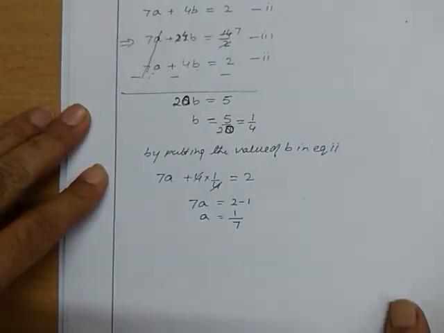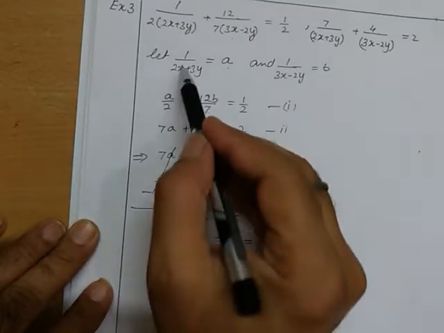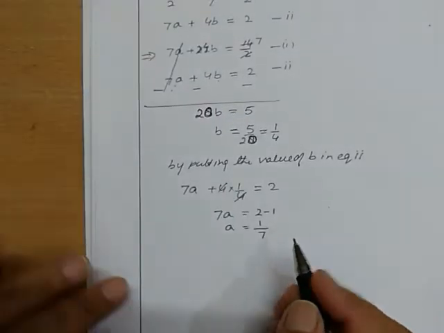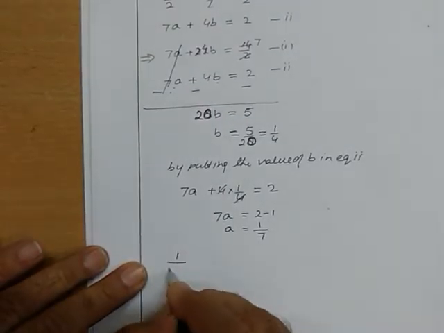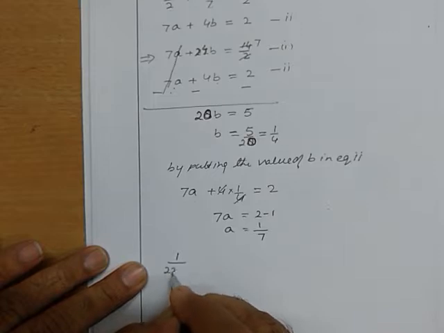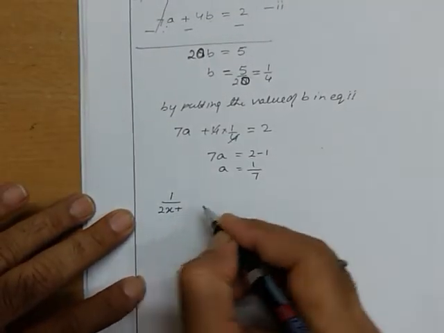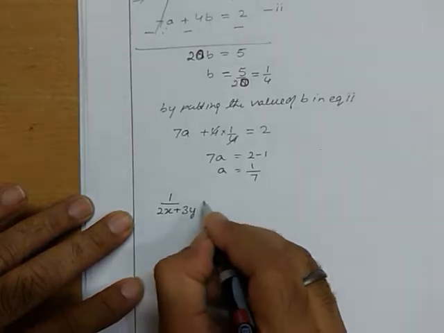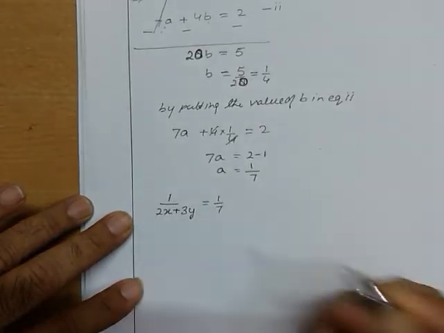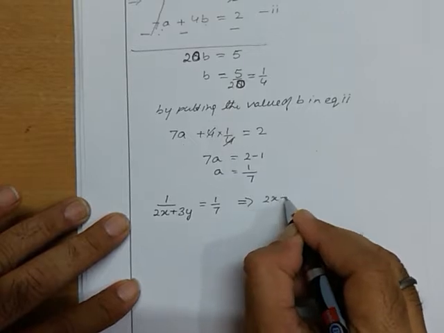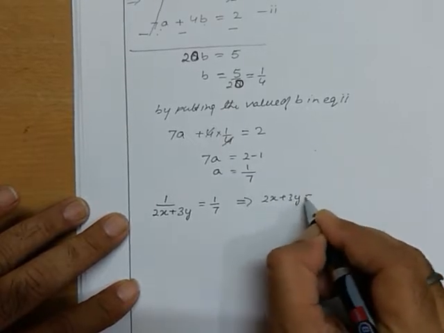Now we are placing the value of what we have assumed. We will place the values of a and b. So this will be 1 upon 2x plus 3y is equal to 1 upon 7. Further, we cross multiply, so we get 2x plus 3y is equal to 7.